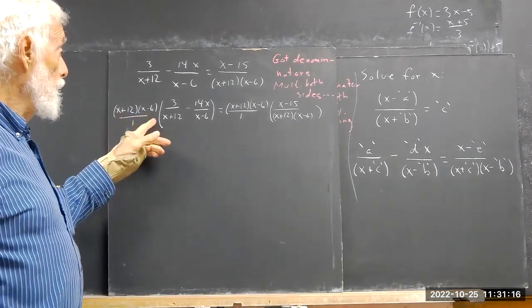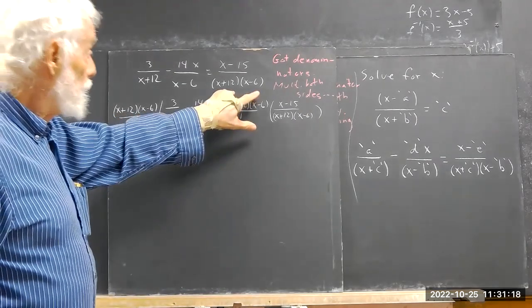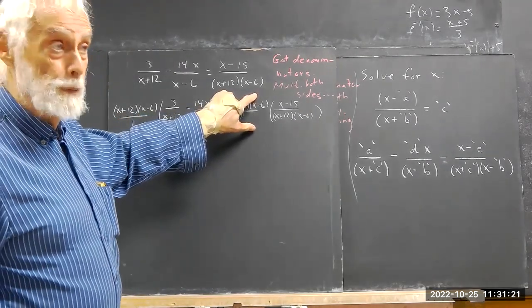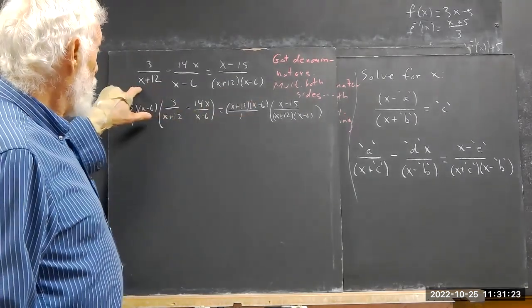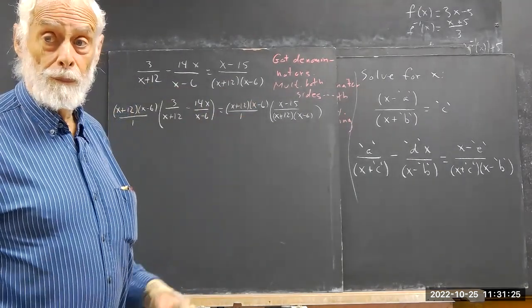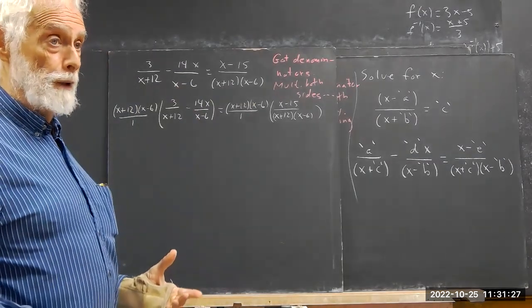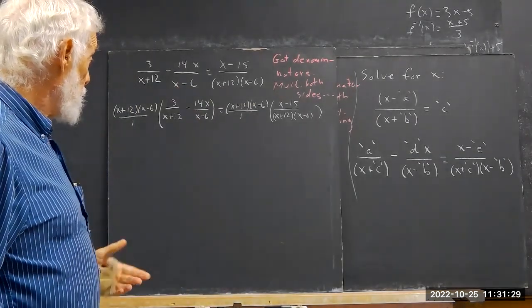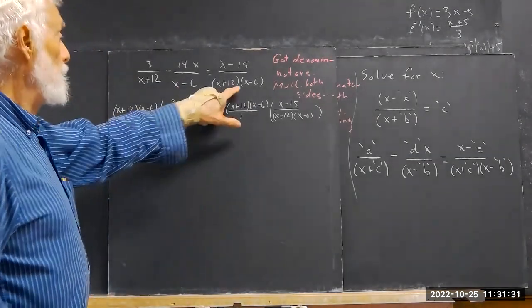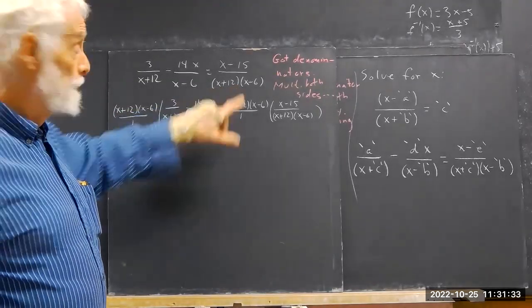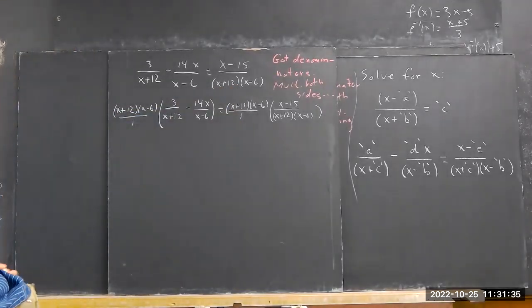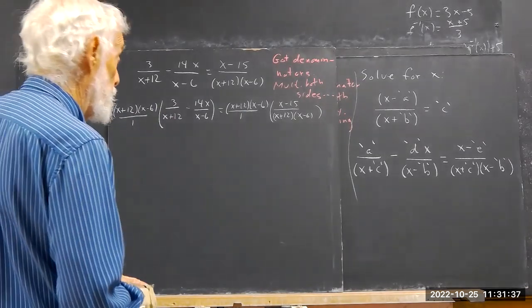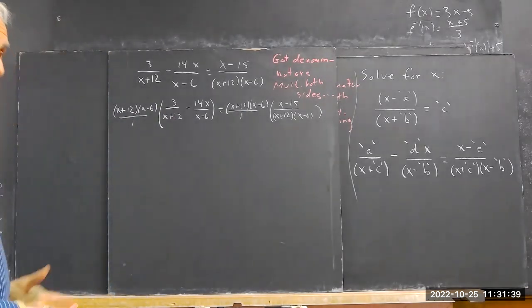And x plus 12 times x minus 6 contains this denominator. It is equal to this denominator, and it contains both of these denominators. So it is a common denominator, and it is the least common denominator. If we had any less here, we wouldn't contain this. If you want to use a bigger denominator, you can do that, but it's going to make things messy.